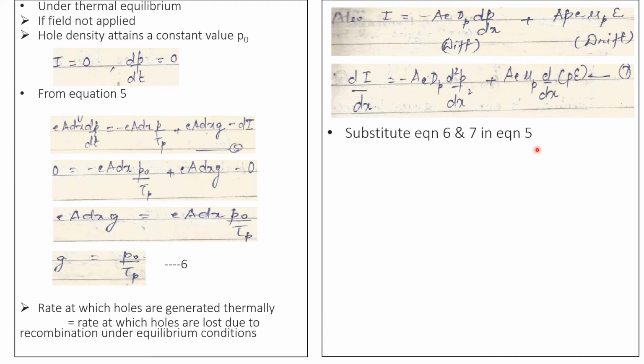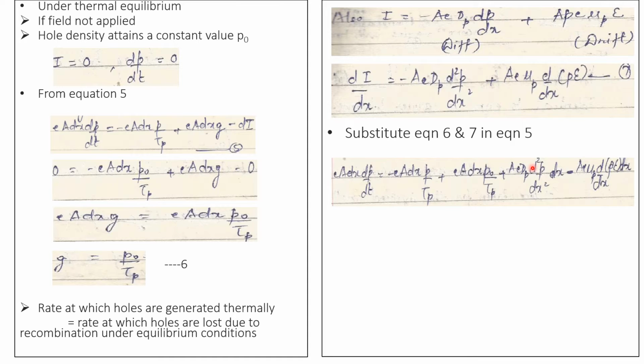Substituting equation 6 and 7 in equation 5, we get EA dx dp by dt is equal to minus EA dx p by tau p plus EA dx p0 by tau p plus A e Dp into d square p by dx square minus A e mu p d by dx of p epsilon dx.